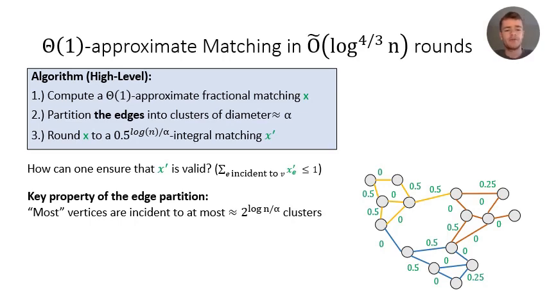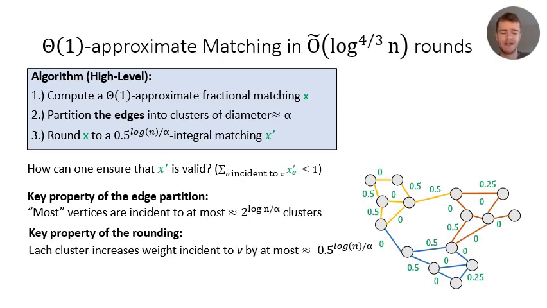One key property is of the partition that we compute. This partition ensures that most of the vertices are incident to at most roughly 2 to the log n over alpha clusters. So here in this partition that you see, each vertex is incident to at most 2 different clusters. And now assume that it actually holds for all vertices for simplicity.